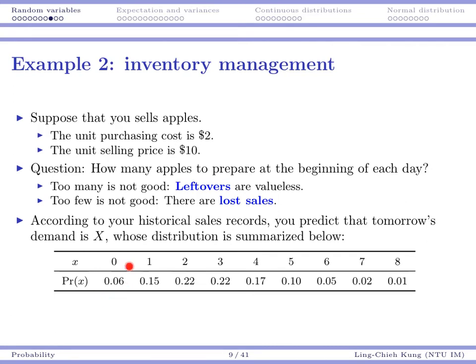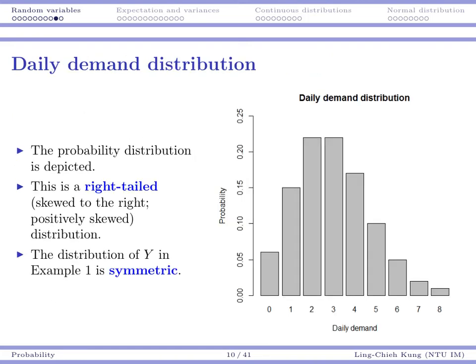There is a probability of 6% that there is no consumer entering the store and buying an apple. There is a probability of 15% that one customer will enter. There is a probability of 22% that two customers will enter, and so on. According to my past experience, I don't believe that 9 or more consumers will want to buy an apple.